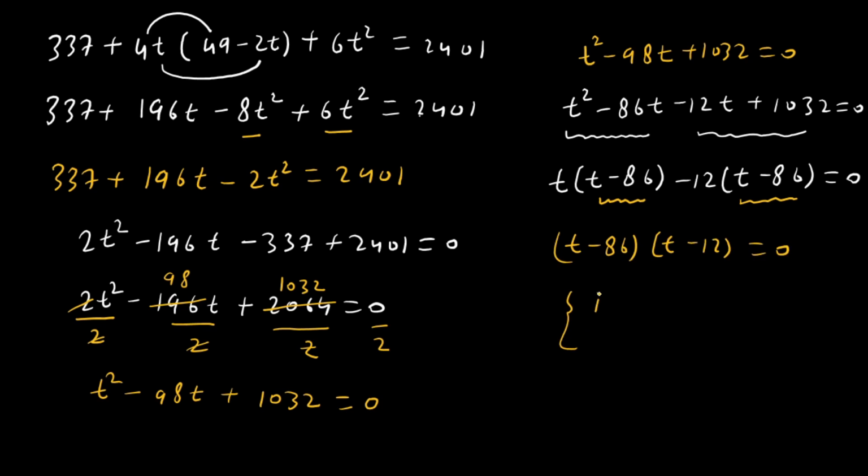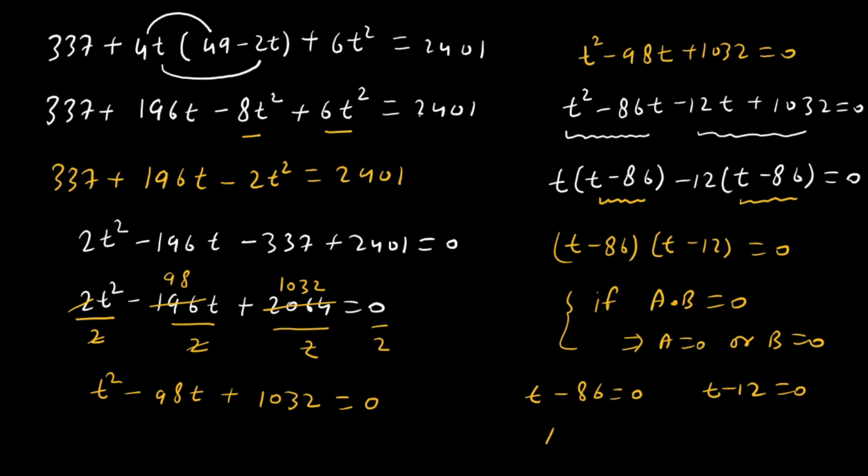We know that if A × B = 0, then A = 0 or B = 0. By this rule, t − 86 = 0 or t − 12 = 0. So the value of t is 86 or 12.